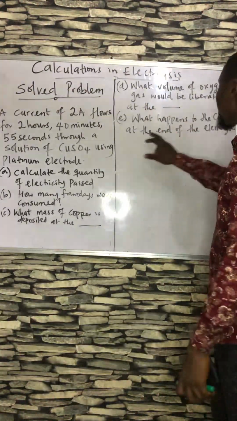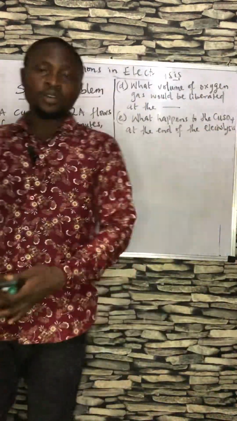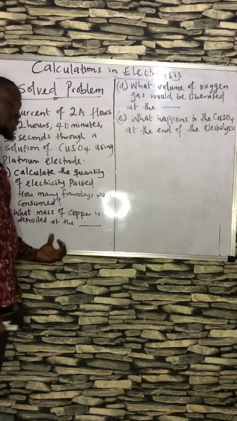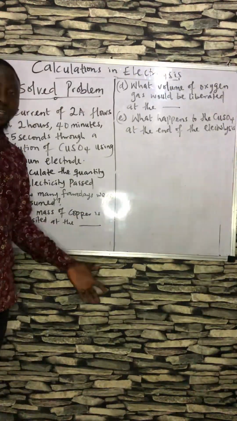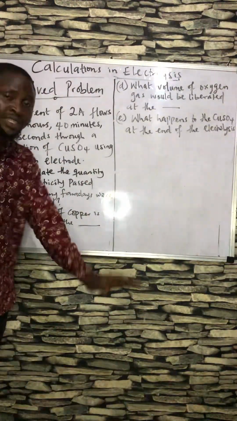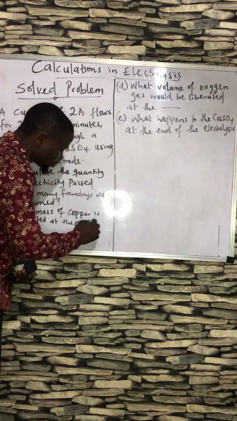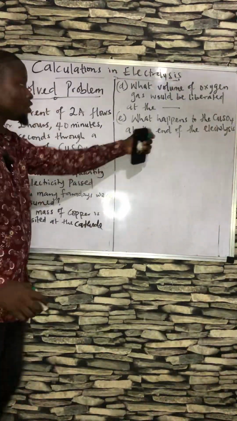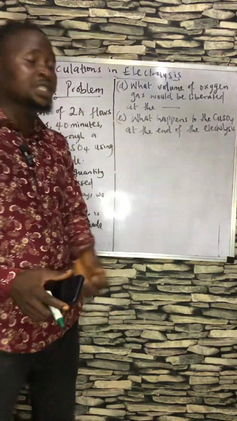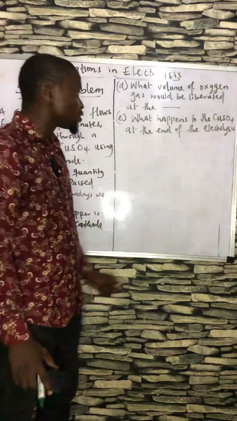What happens to the copper sulfate at the end of the electrolysis? Of course, copper is a cation and therefore it has to be what? Migrated. It has to migrate to the cathode and therefore get deposited at the cathode. And of course, oxygen is always gotten from hydroxyl ion, OH minus.